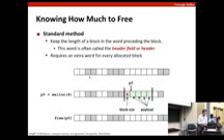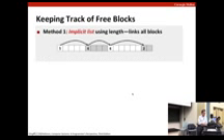So if the application wants to malloc a payload of size 4, then the allocator needs to find a block of size 5, consisting of at least 4 payload words, and then a header word at the beginning that indicates the total size of that block. And then it returns a pointer, P0, in this case, to the beginning of the payload. Okay, so now we know how big each block is.